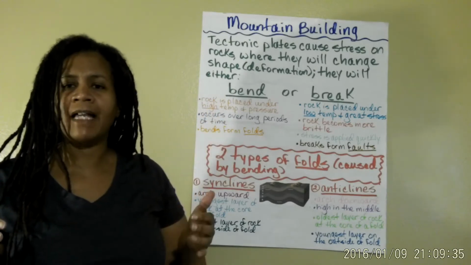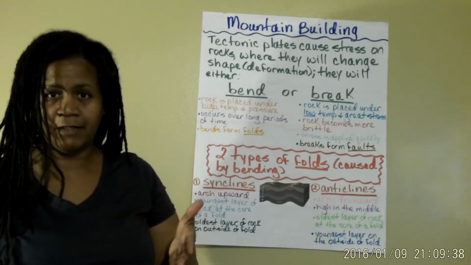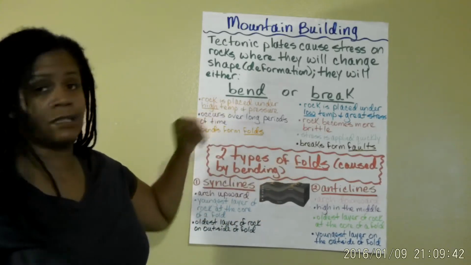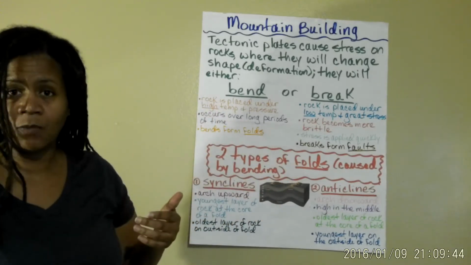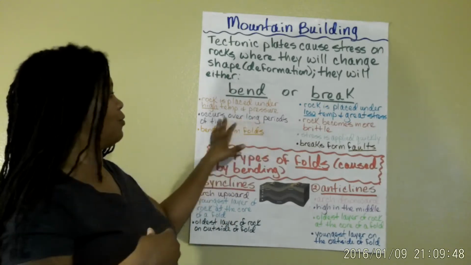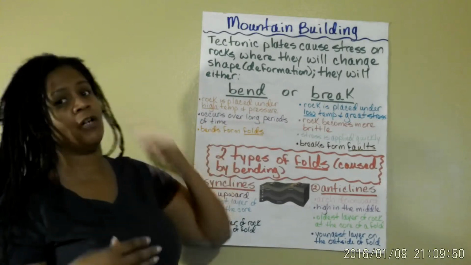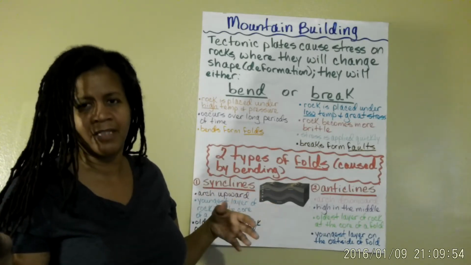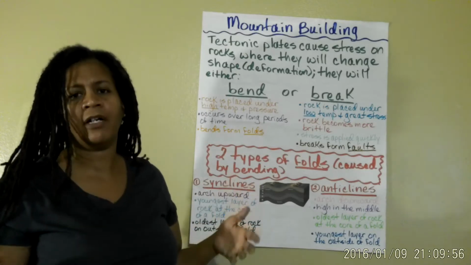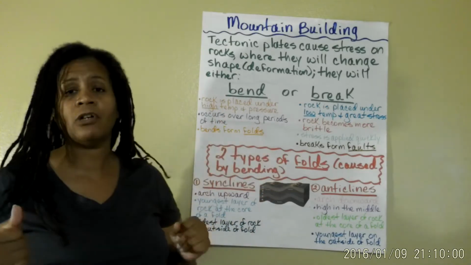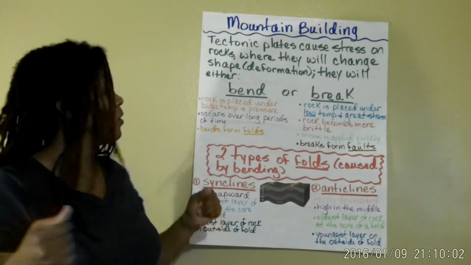So that would be like when we cook spaghetti, okay? Because the spaghetti is being placed under high temperature and pressure from the boiling water, okay? It occurs over long periods of time, although spaghetti doesn't take a long period of time to cook. But when we're talking about huge tectonic plates, that occurs over long periods of time, okay?